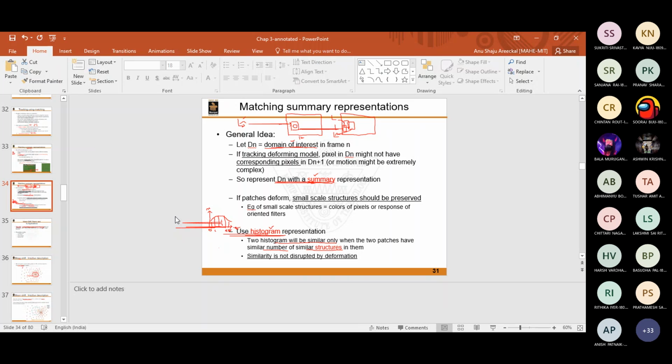Is there any other question? Ma'am, how do we find the COM of the points? Prathamesh, can you expand COM?